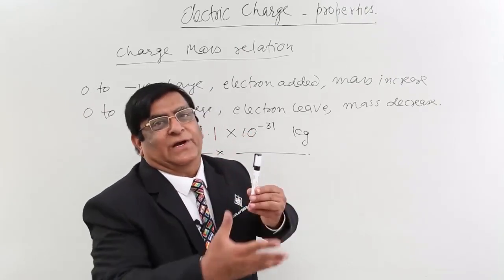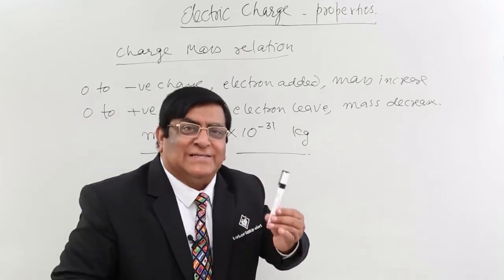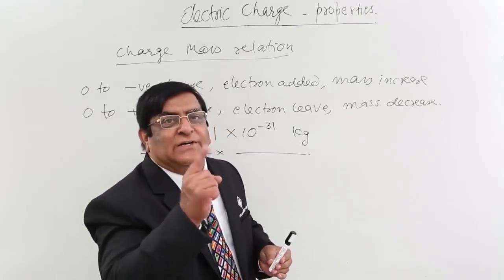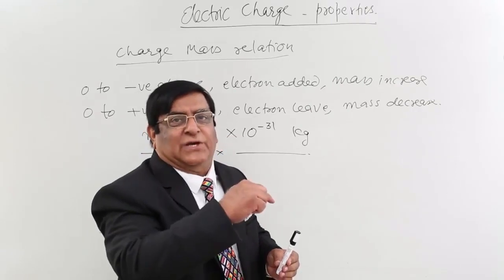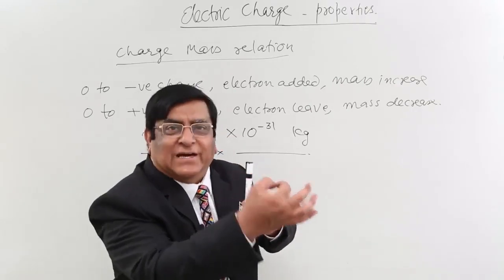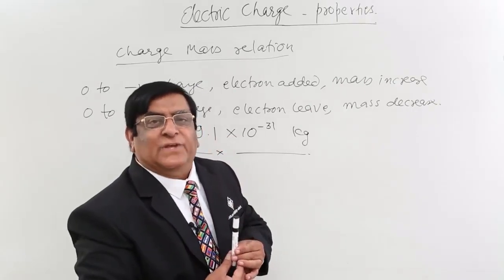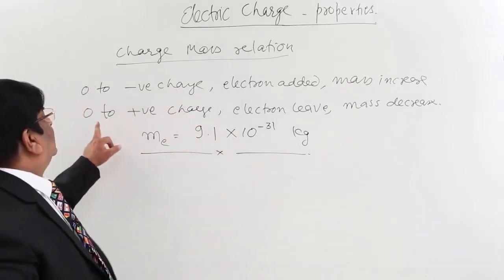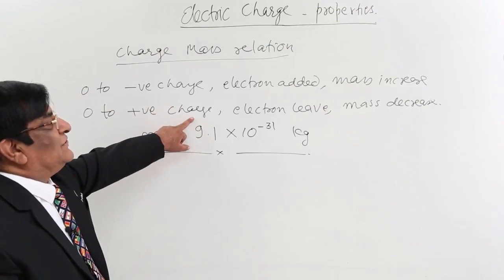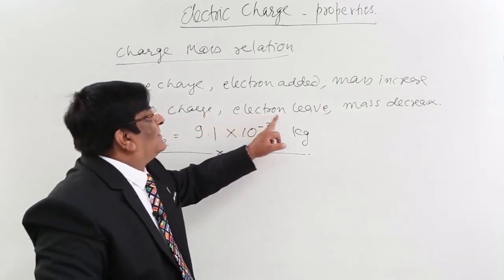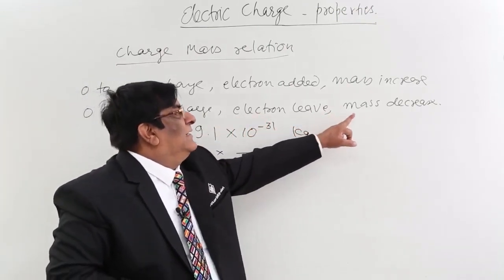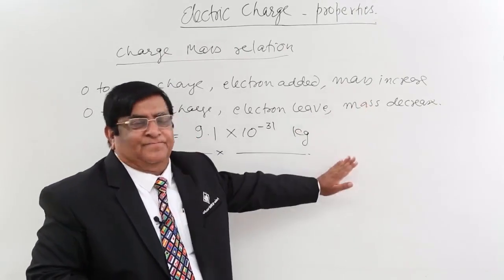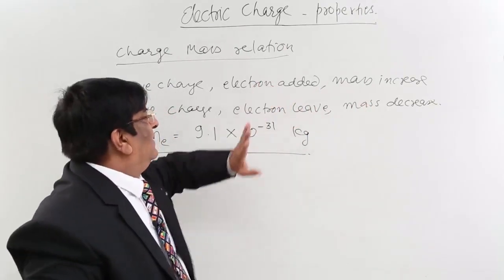The electrons are going out, and that means the mass has decreased. So, we use the word give for the positive charge, but in fact we are taking out electrons. Therefore, its mass will decrease, and we noted, okay, 0 to positive charge change in any body. For that, electron leaves and its mass will decrease. So, these two principles you will remember.